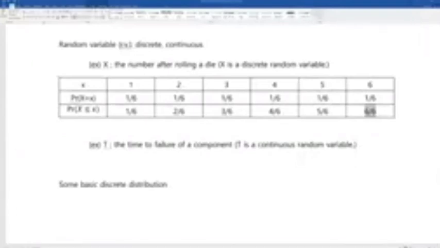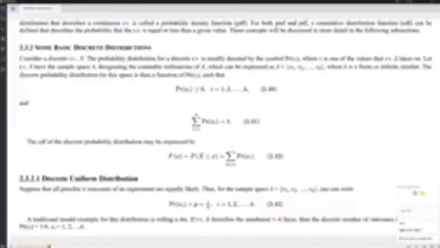So if we go back to our textbook, that is denoted as F of x, and it is called the CDF. CDF means cumulative distribution function.